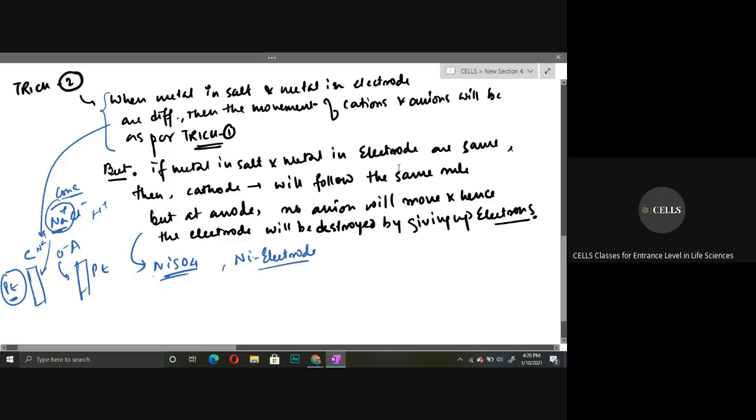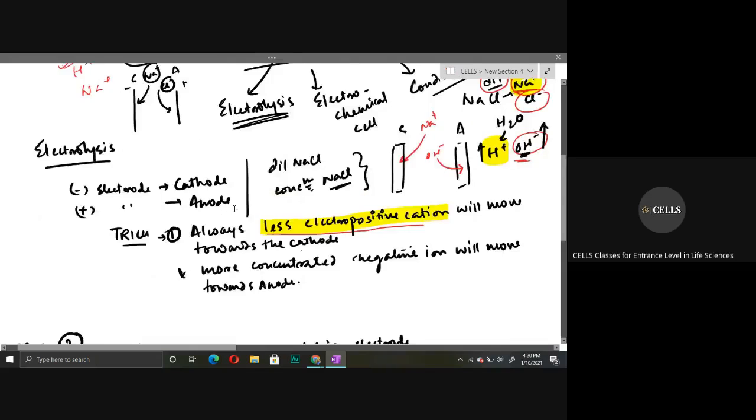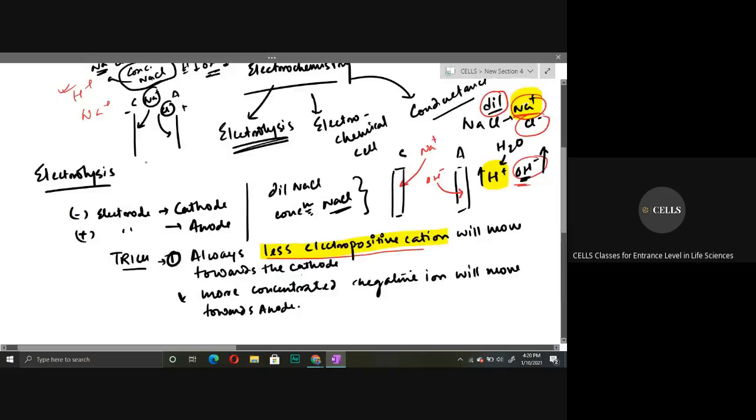I'm really sorry, I just gave you wrong information. Among Na plus and H plus, H plus is less electropositive. Please make the correction, because metals are more electropositive than H plus.